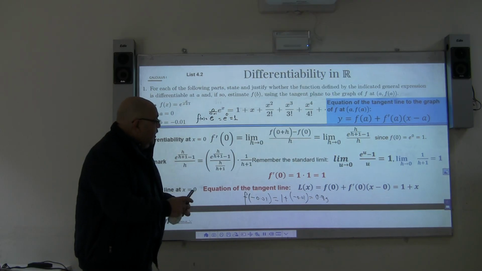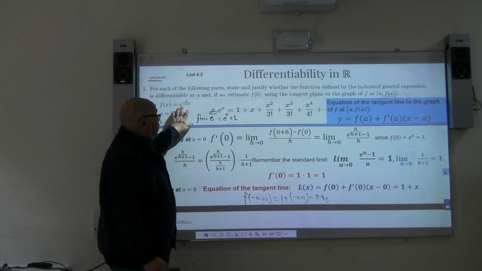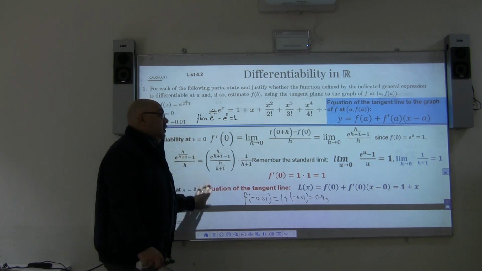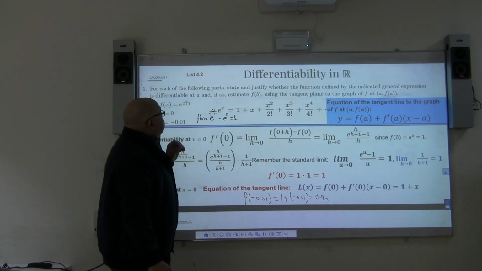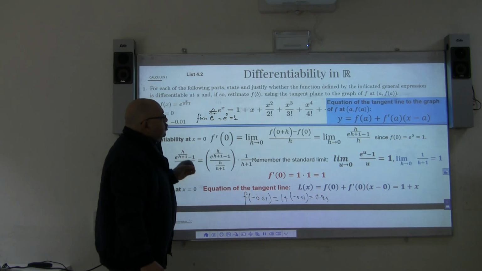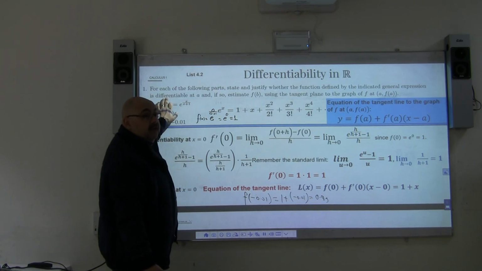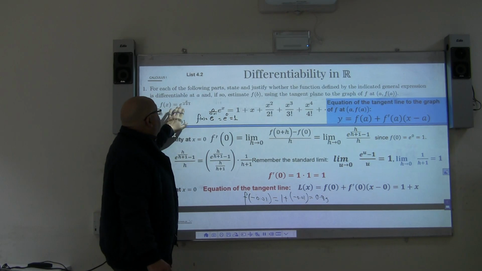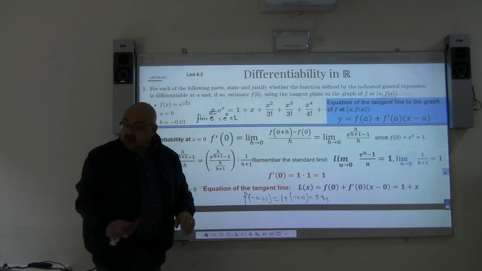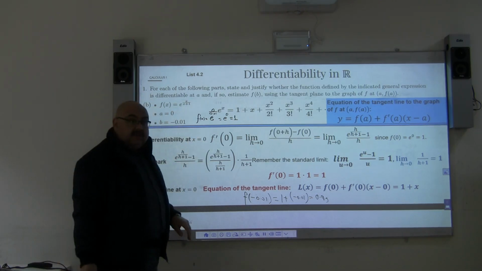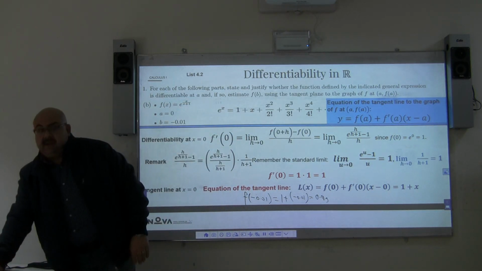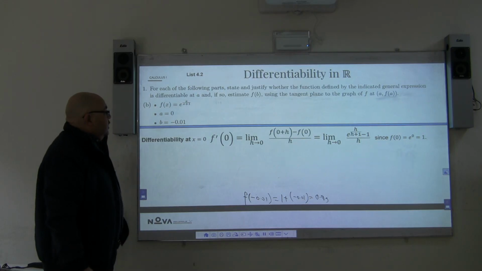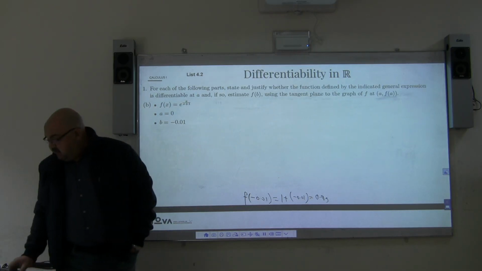So the main idea is to find the first derivative of your function. After finding the first derivative of my function, I will start to evaluate, as you can see. If he didn't ask me to show the general expression in differentiability, or to show using the definition of differentiability, I can approximate also. Instead of all of this, instead of going through the limit and through the general terms, I can do it from the beginning.